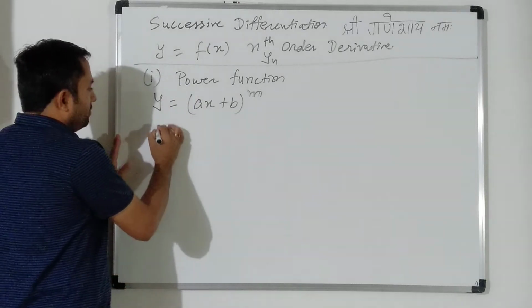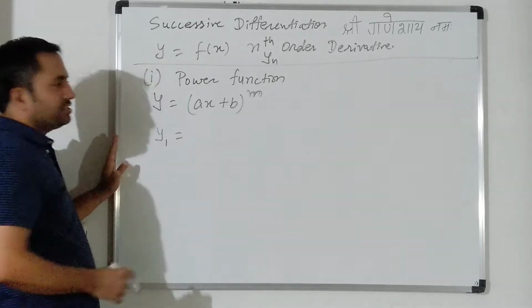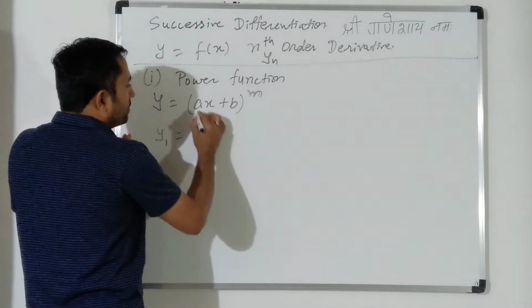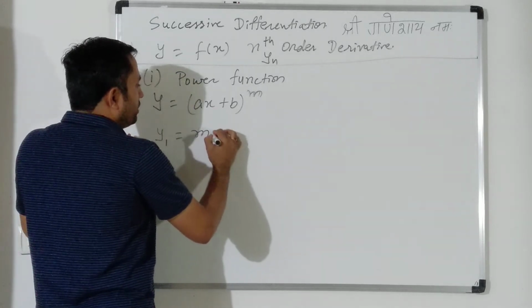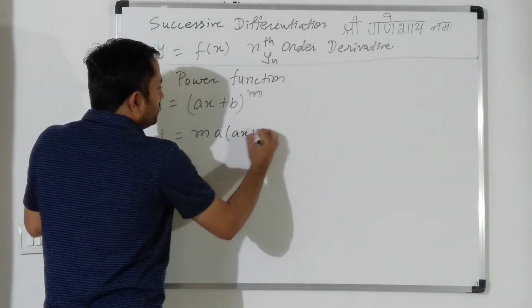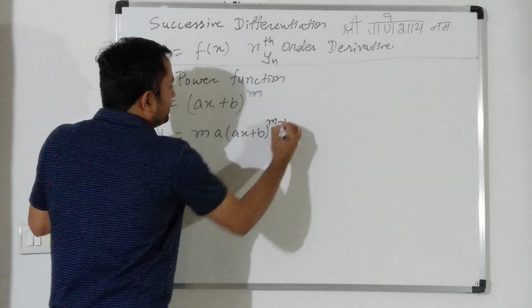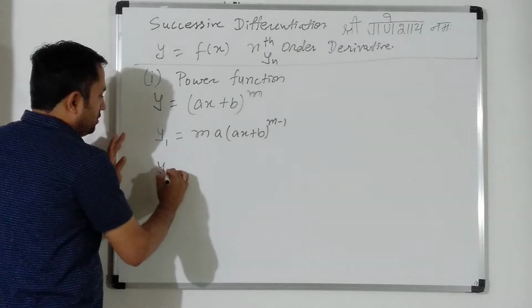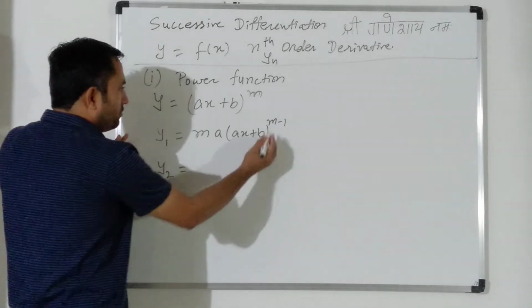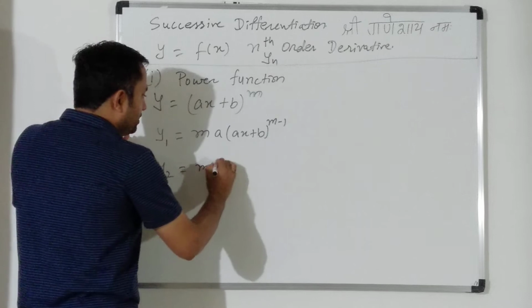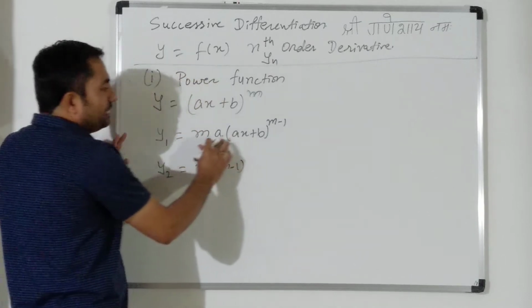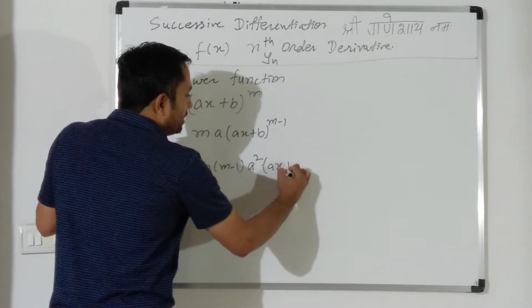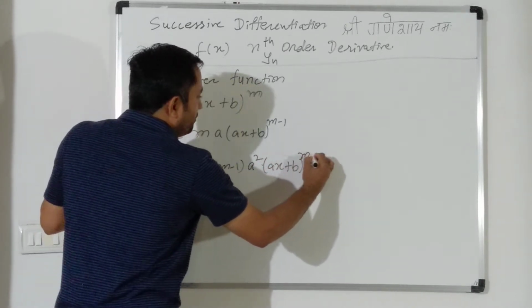So first we differentiate the function y. What we get is m times a times (ax plus b) to the power m minus 1. Again we differentiate a second time. What we get is m minus 1 comes out here, and one additional a comes out, so it will be a square, and this will be (ax plus b) to the power m minus 2.